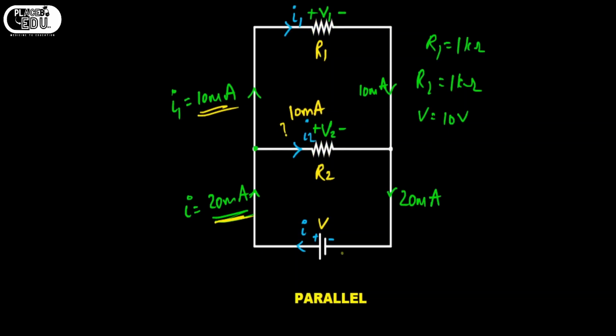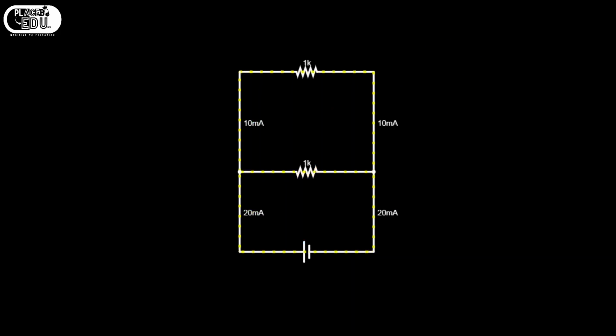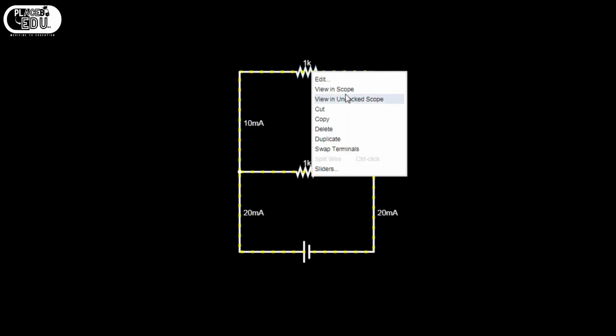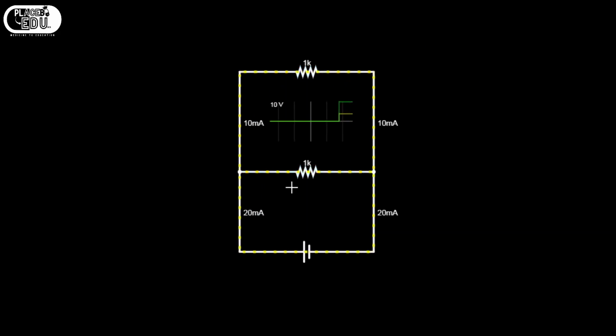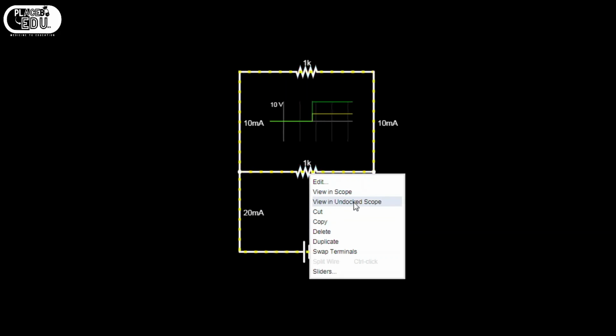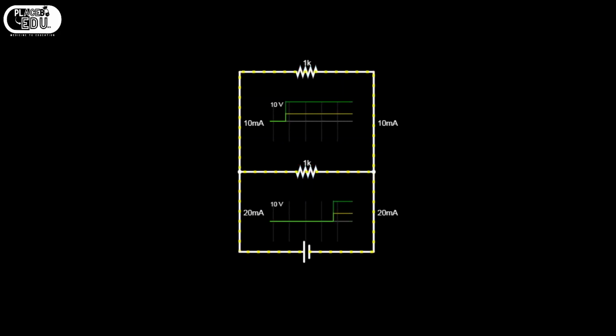Now we will see through the waveforms what will be the current in the lower 1k ohm resistor. Let me show you the voltage and current waveforms here. I'm going to stop the simulation so that you can see what I am saying.